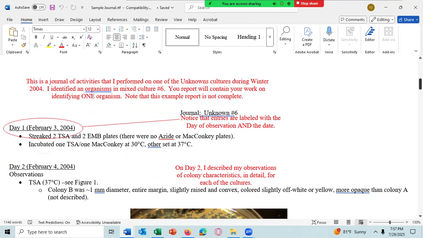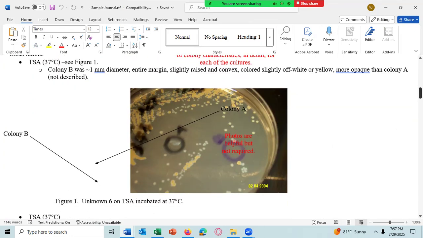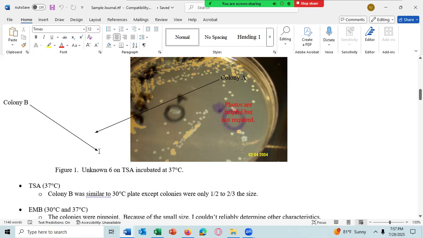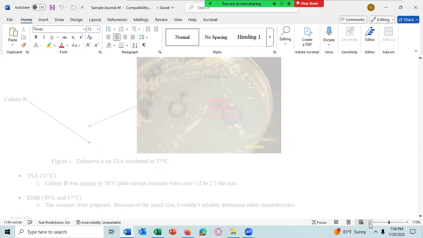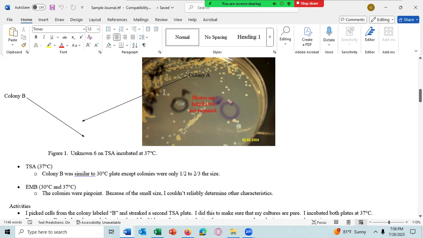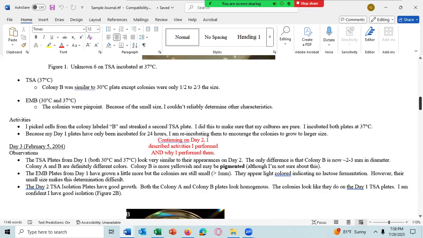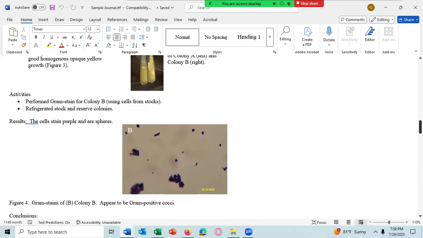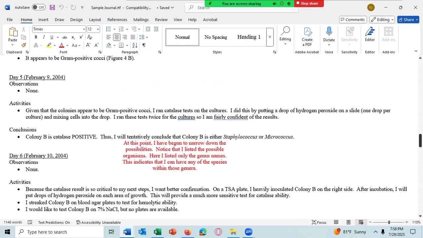You'll pretend you're doing that. Colony A, colony B. I don't know why that's not showing there. Something got off. Let's just go down to the middle because it'll be a little better in the middle.